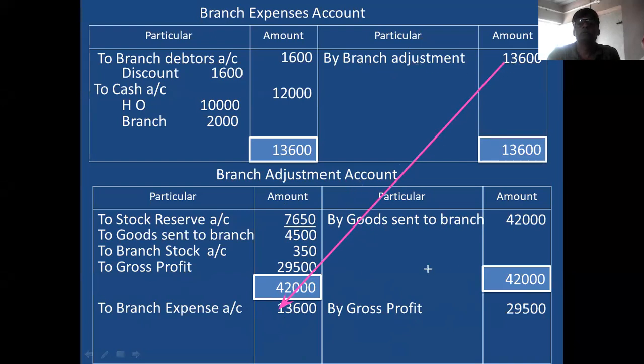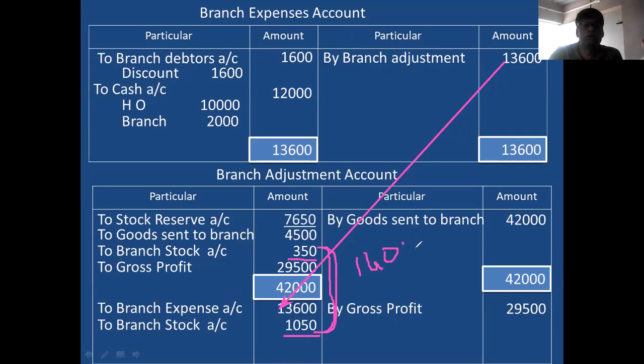Then to branch stock account 1,050. This is the cost, and this is the loading. The total of these two is 1,400, the adjustment amount shown in the branch stock.